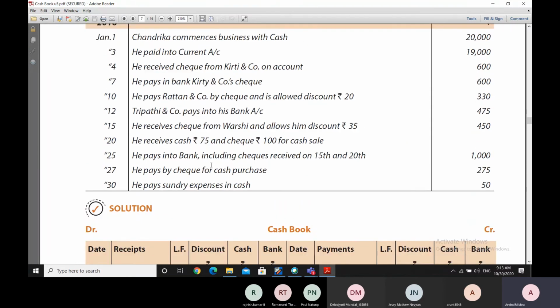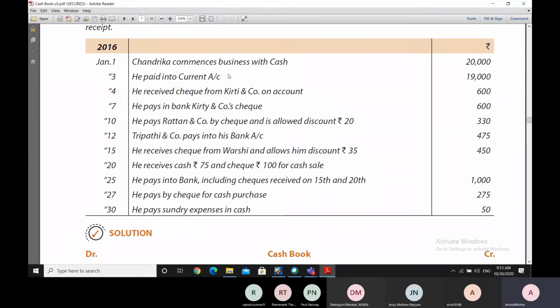Now let us see. The next entry is: he received a check. We can assume that Chandrika is masculine, and he received a check from Kirti and Company on account. On account means that Kirti and Company's account is being maintained by Chandrika in their books, and payments keep coming and going based on the transactions, because sometimes purchases may be made, sometimes sales may be made, and payments may be received and paid.